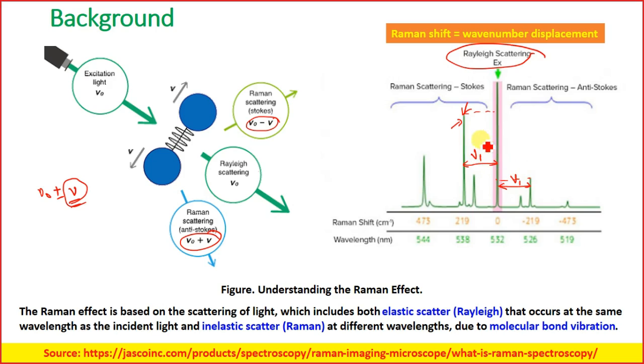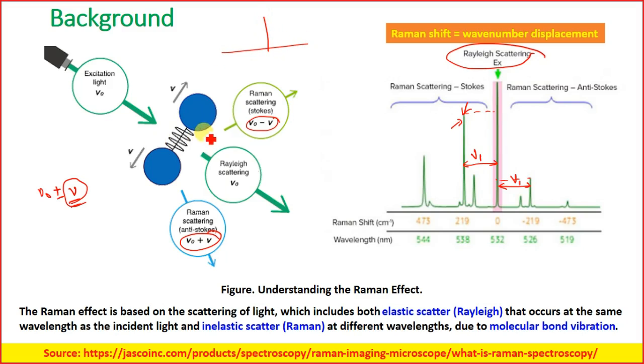How much deviation is happening from the Rayleigh scattering is specific to a certain molecule. If I use another material, then it will have different scattering properties.